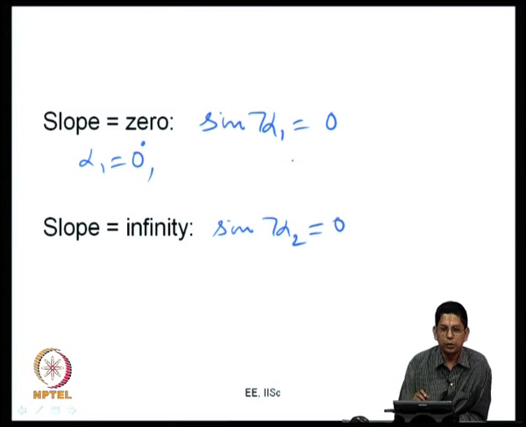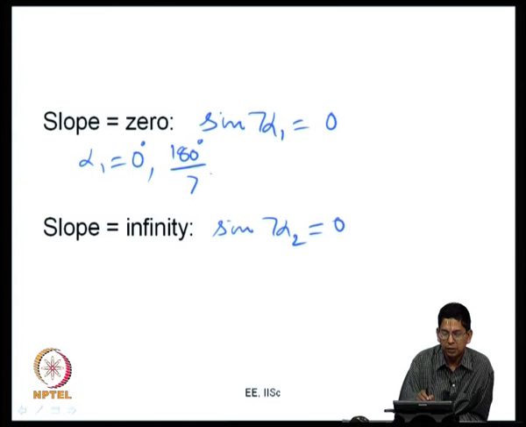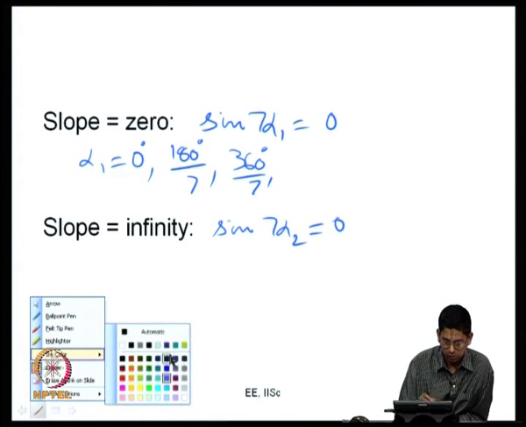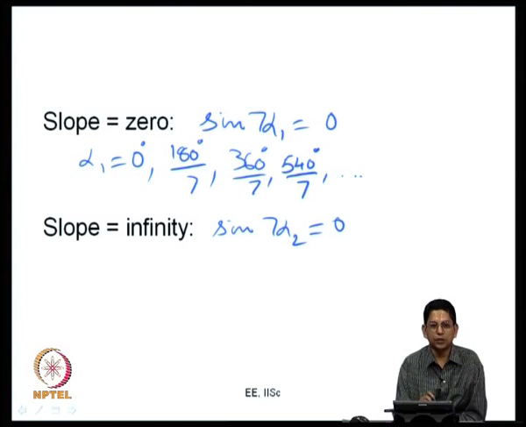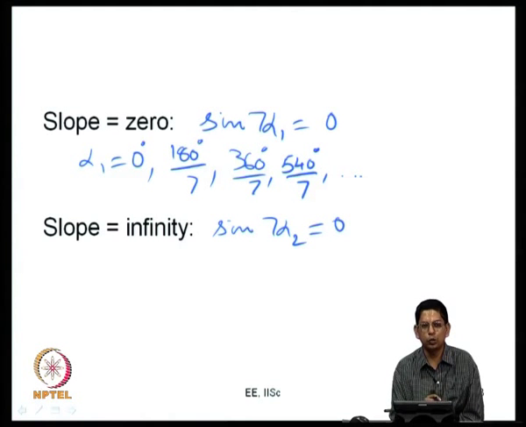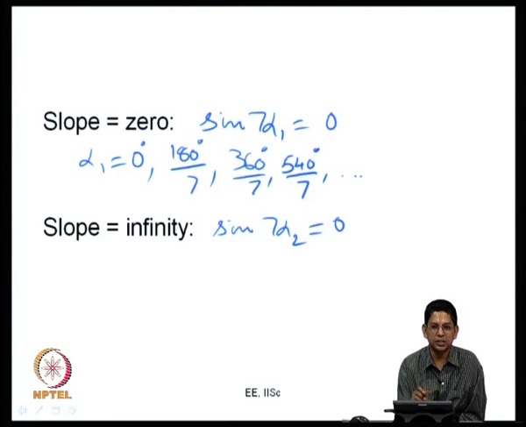Then the next value is 7 alpha 1 is 180, or you have alpha 1 is 180 by 7, then 360 by 7, then 720, I am sorry, 540 by 7, and so on. So, for these various values of alpha 1, you find out the corresponding values of alpha 2, and at all those points you will find that this V 7 equal to 0 contour has 0 slope.